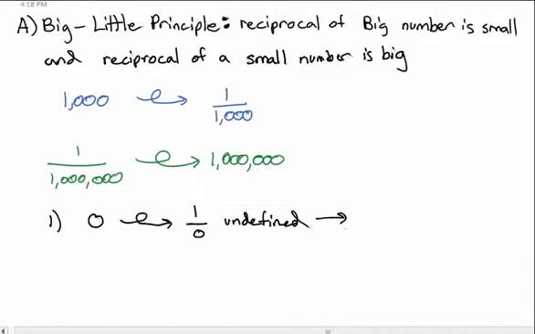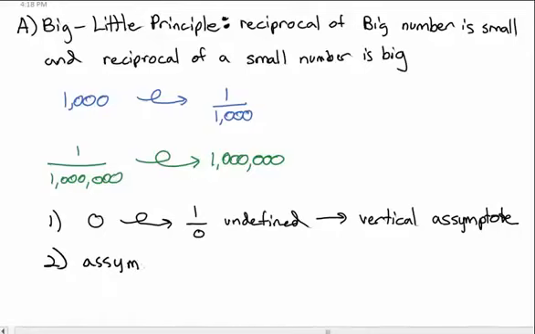So what we're going to do is say it's basically infinity, or a vertical asymptote. So if you see a vertical asymptote or a 0, they're actually going to be reciprocals of each other. Anytime we see an asymptote, the reciprocal of that asymptote is going to be 0.